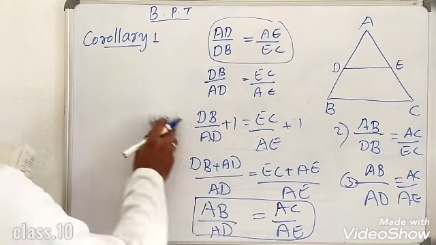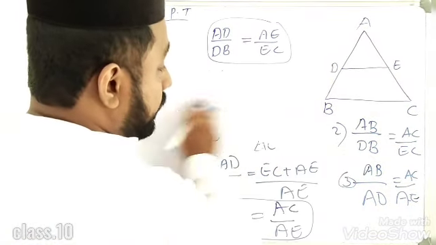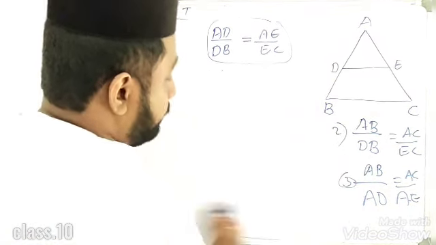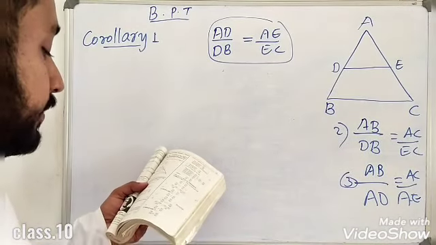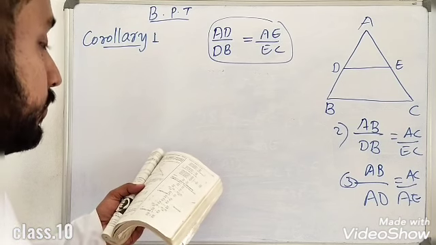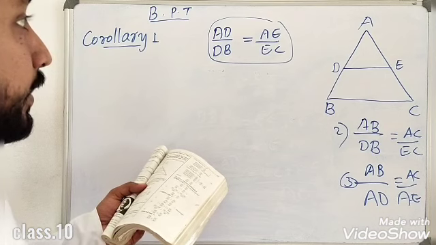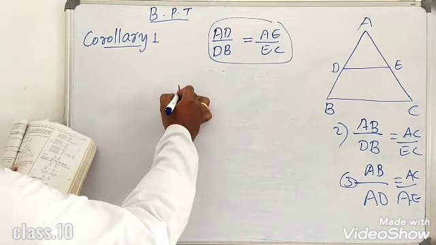This is the second corollary. Next, the third corollary. So we have AD by DB is equal to AE by EC.